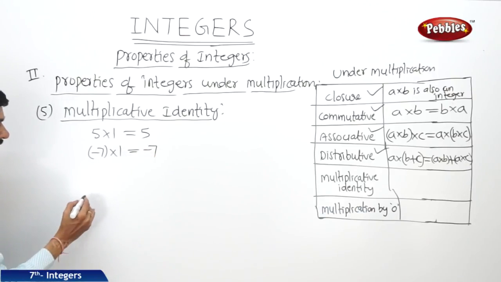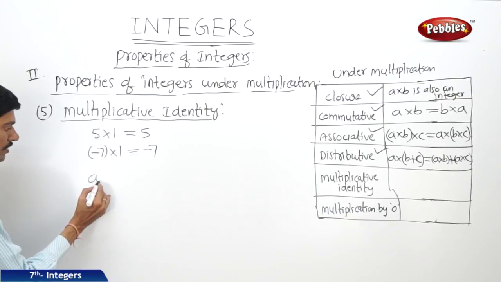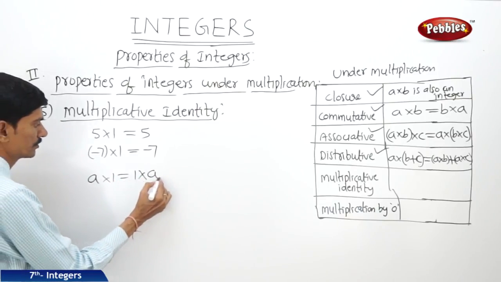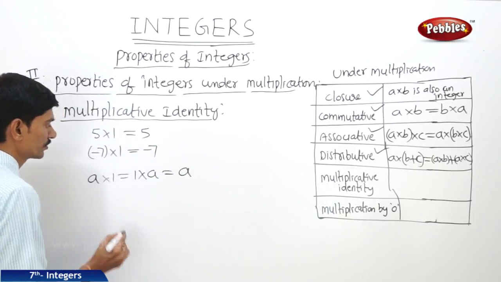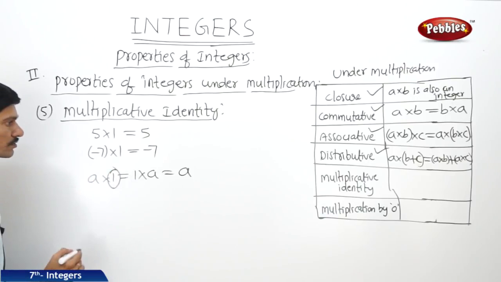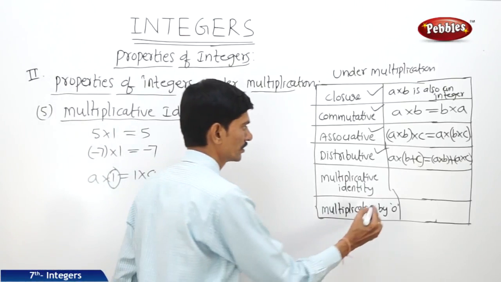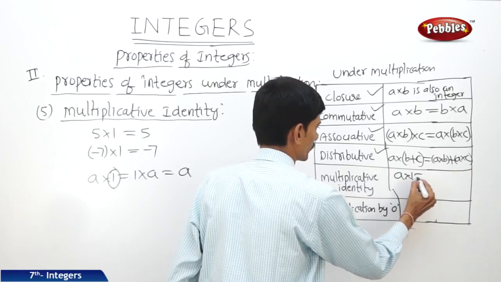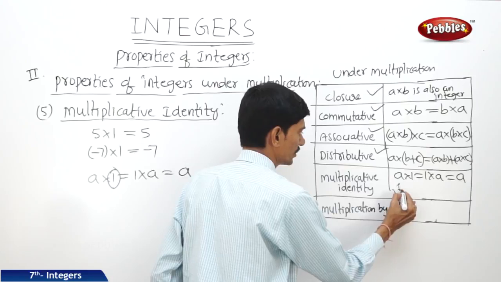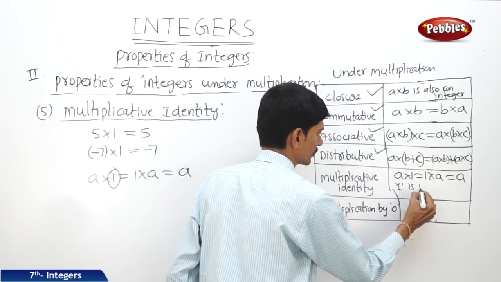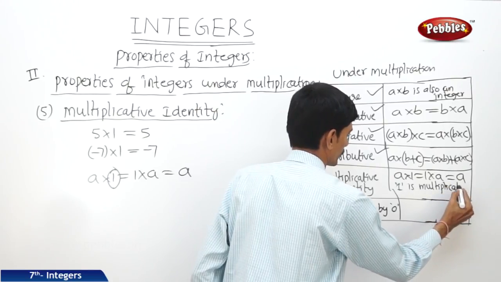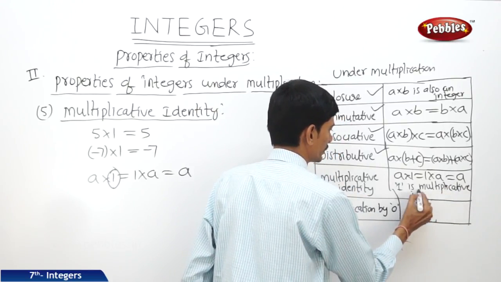So in general, if a is any integer, then a into 1 equals 1 into a equals a. So here 1 is called the multiplicative identity.